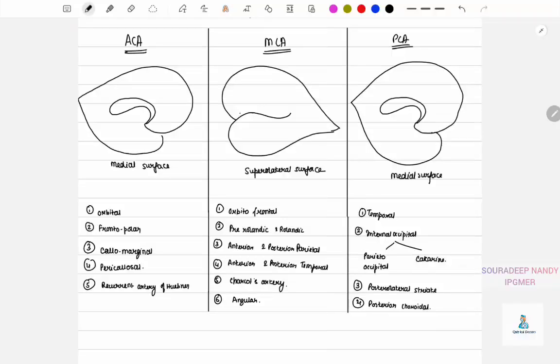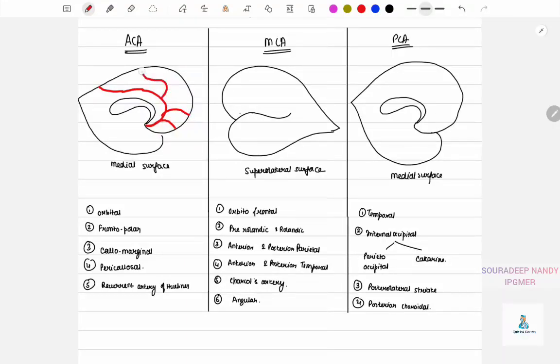So let us see how the anterior cerebral artery gives the branches. The anterior cerebral artery, after emerging from the circle of Willis, ascends upward and also moves posteriorly along the pericallosal sulcus. In this course, it gives some branches. Anteriorly, it gives the orbital branch. Then it gives the branch to the frontal pole, called the frontopolar branch.